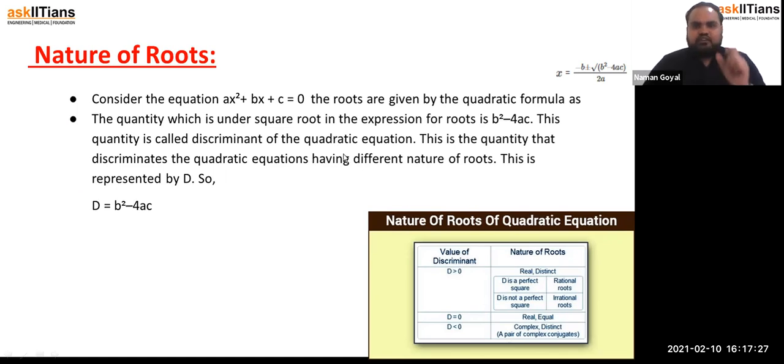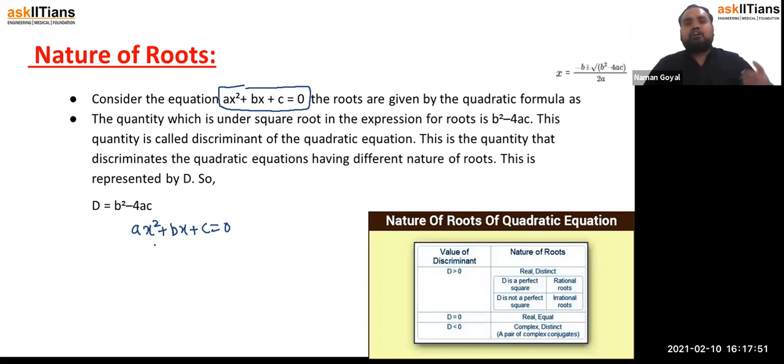See, first thing, if there is a quadratic equation in the form of ax square plus bx plus c is equal to 0, then by using the concept of completing the square, we can prove the quadratic formula.